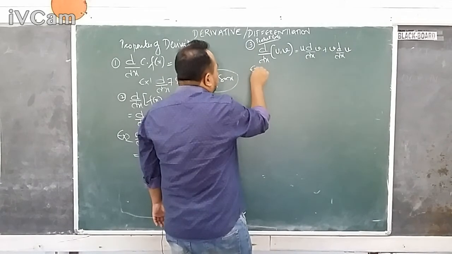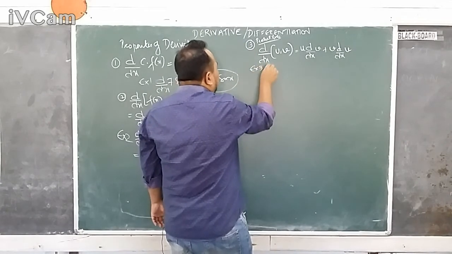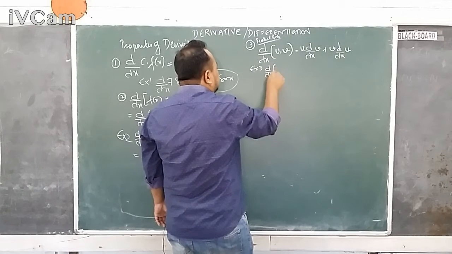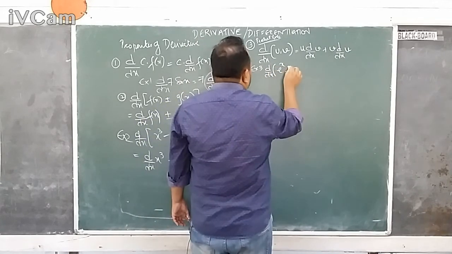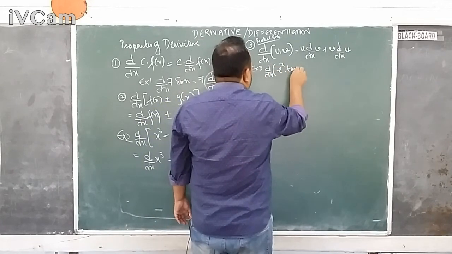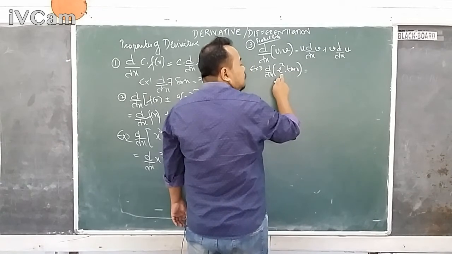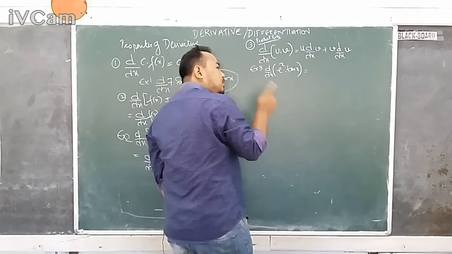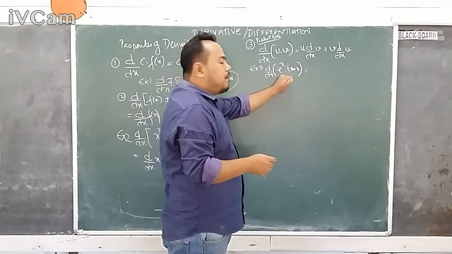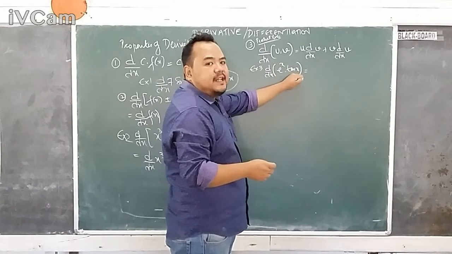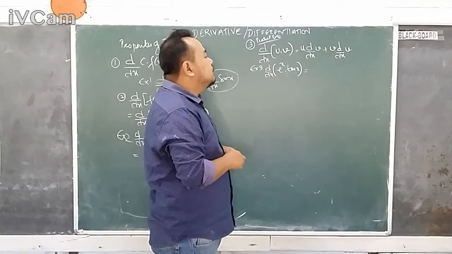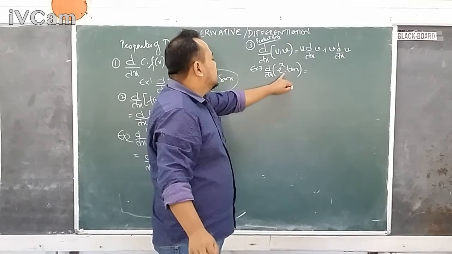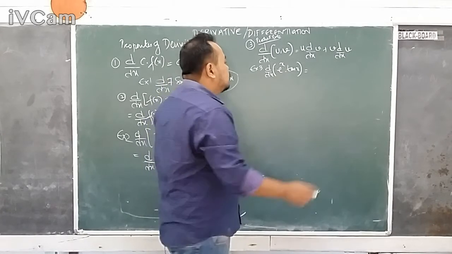I can give you an example. Example number 3. D by dx of, let us say, exponential e to the power x into, let us say, a trigonometric function, that means tan x. I have to differentiate this. So this is your u and this is your v. I will give you formulas for e to the power x and for tan x, but you cannot apply the formula directly unless you use the property. Why? Because there's a multiplication sign, so you have to use product rule.